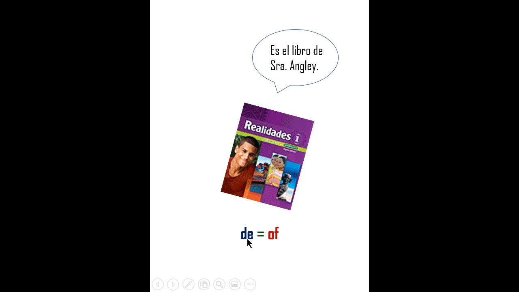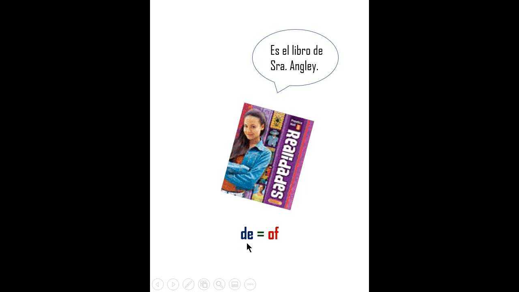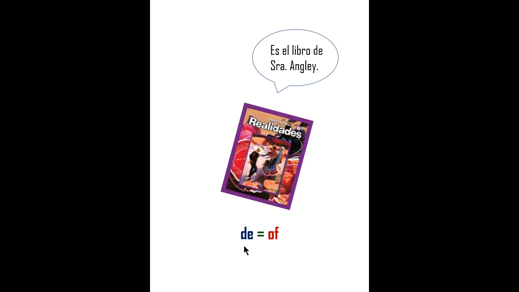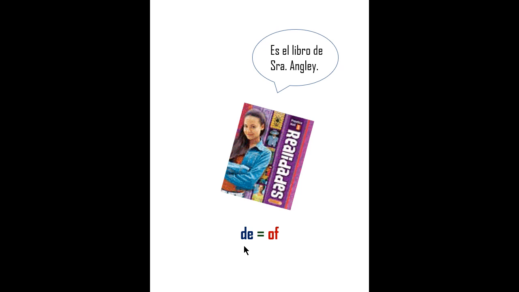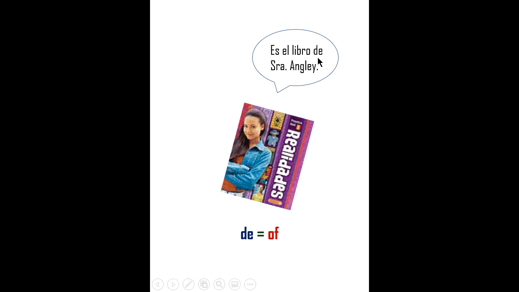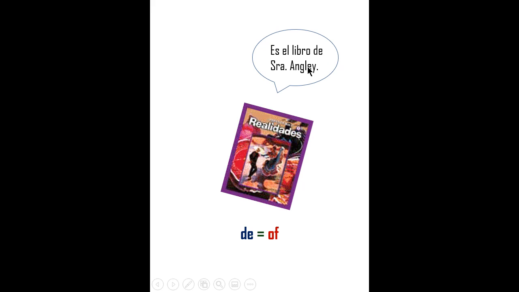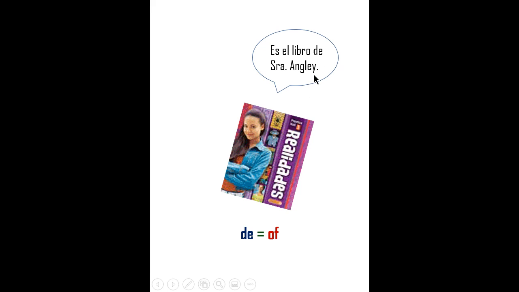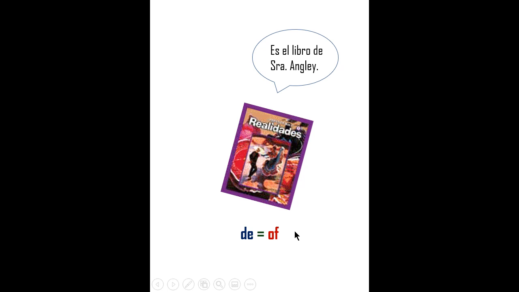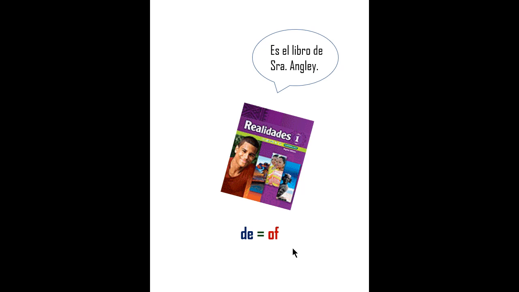The word de means of, and we would use this de when we're talking about who possesses this item. Whose book is this? In this case, es el libro de Señora Angley. It is the book of Señora Angley. So we're using this word de, of, when we're indicating possession of an item.